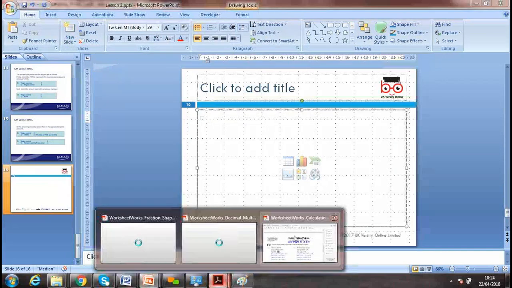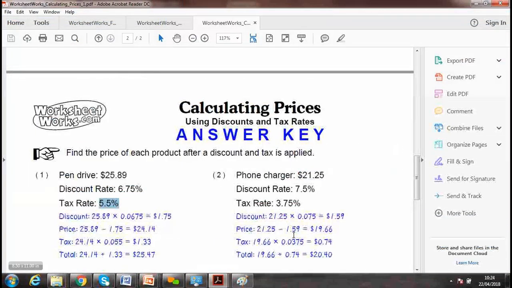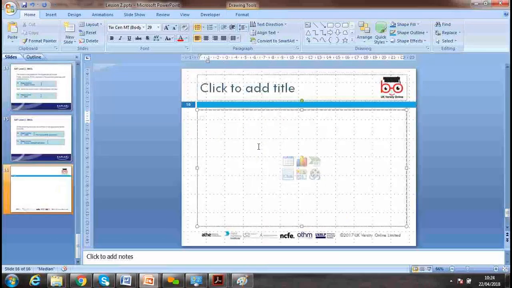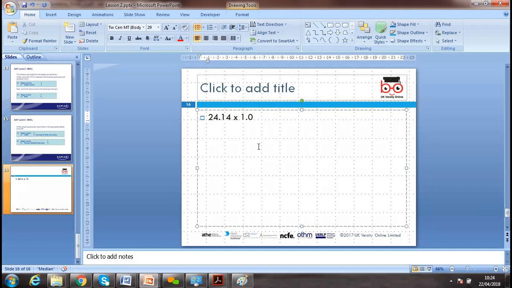If we look at the figure, we need to add 5.5 to it. So 24.14, you can times by 1.055. Can you do it on the calculator? That will give you the figure with the percentage added.